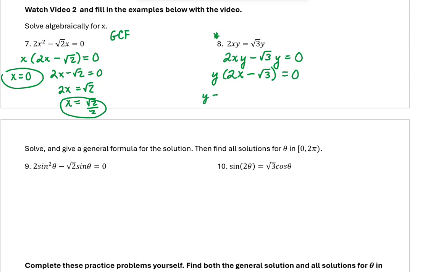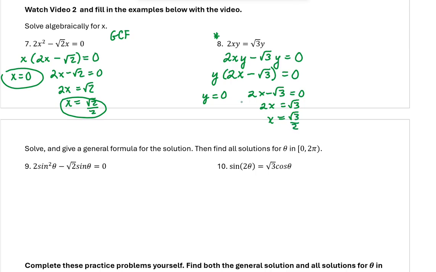So we have the choices of y is equal to 0, or 2x minus square root 3 is equal to 0. Add root 3, so 2x is equal to square root 3, and x is equal to square root 3 over 2.